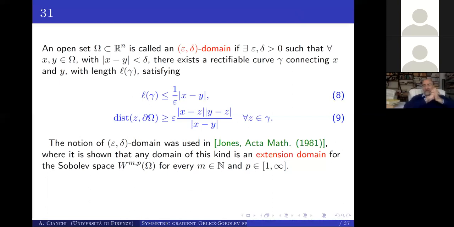Typically, the results that hold for the symmetric gradient hold for more general operators which satisfy certain algebraic conditions. Now, I don't know if this applies to the antisymmetric part. I think not. In fact, I have never seen this explicitly stated for these operators. So I'm not sure whether they apply just for the antisymmetric gradient or not.